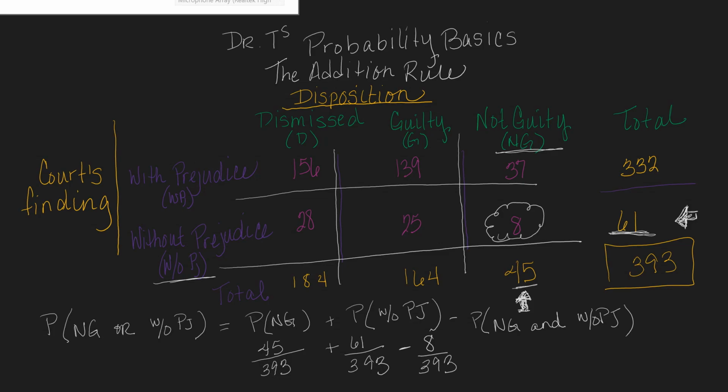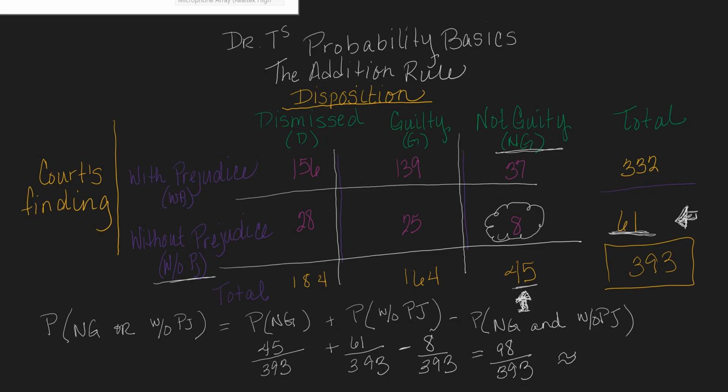You can go ahead and do this math real quickly. 45 plus 61 minus 8. 98. Denominator stays the same. Again, do the math.